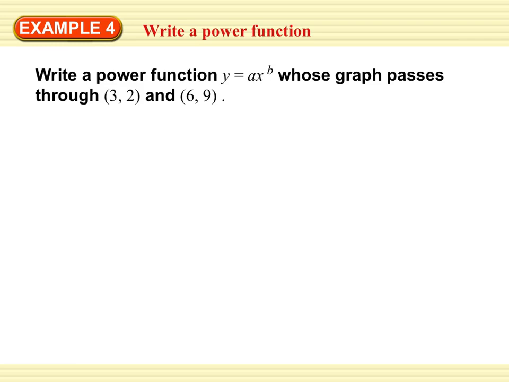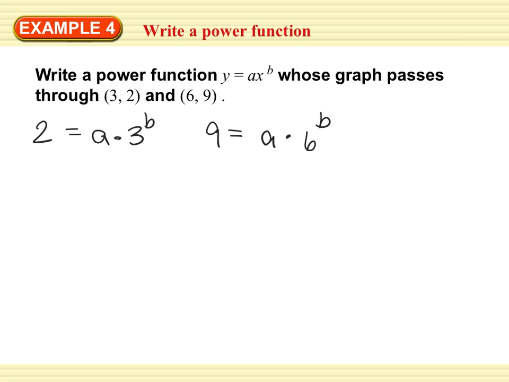So our first practice: write a power function y equals ax to the b whose graph passes through those 2 points. First of all, let's substitute them just like we did in the past. 2 equals a times 3 to the b, and 9 equals a times 6 to the b. So I've substituted all I know.